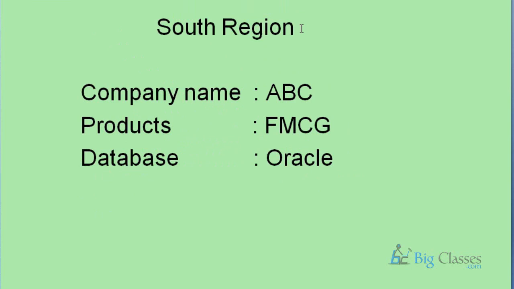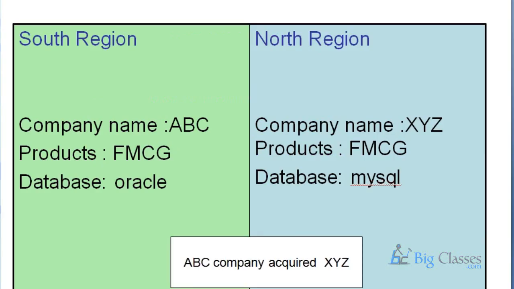I have started a business. The company name is ABC. It deals with FMCG, fast moving consumer goods, and I'm using Oracle as my database, located in the South region. FMCG means daily usage products like soaps, paste, brush. If my business was very good in the South region, as higher management I will plan to expand into other regions. Let's say I want to start my business in the North region.